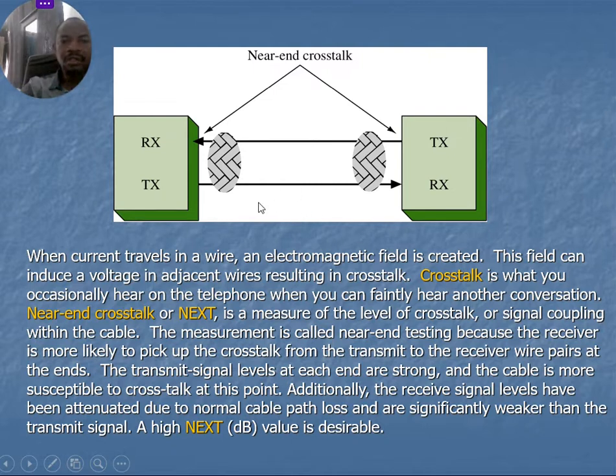Insertion loss results from the crosstalk happening to this device, and all these signal losses are measured in decibels. A high near end crosstalk decibel value is desirable. You need a very high value of this in order to improve the transmission signal.